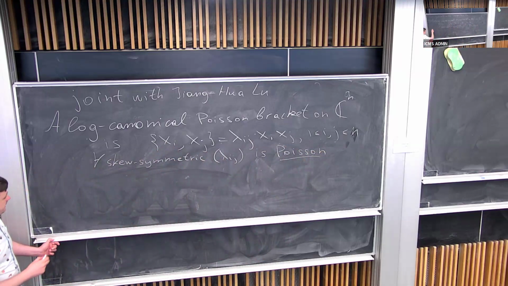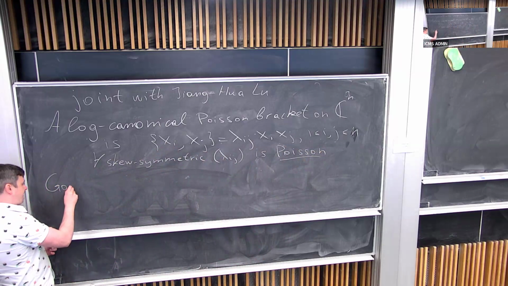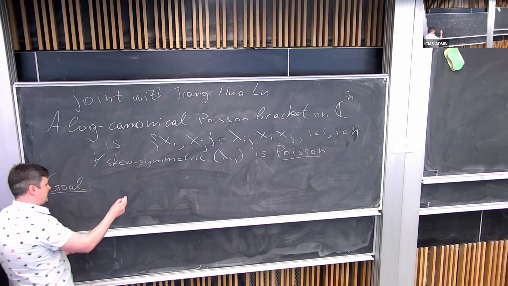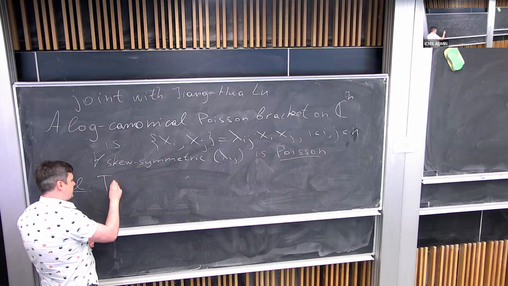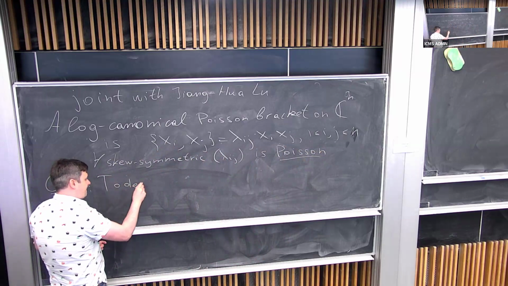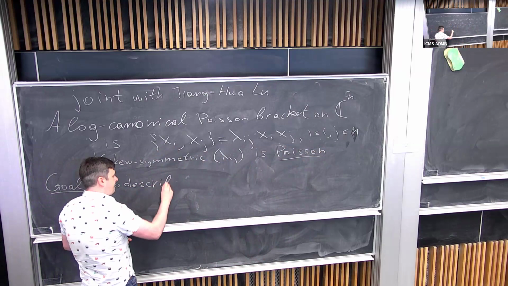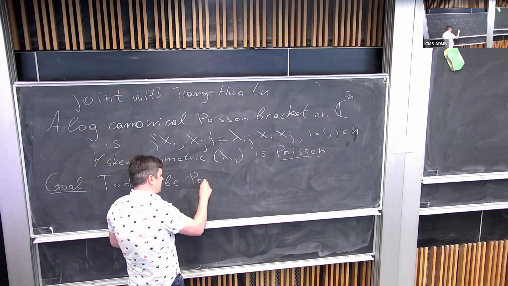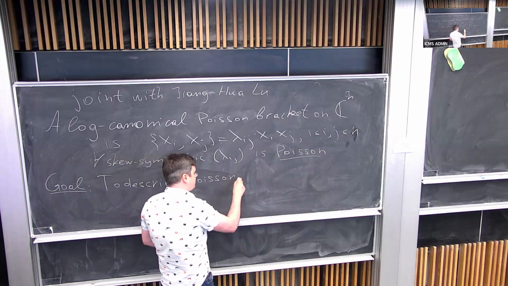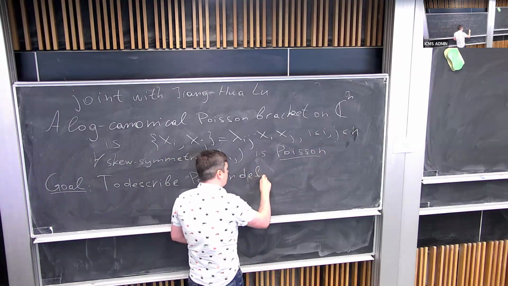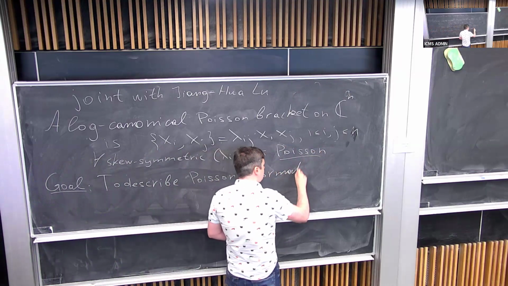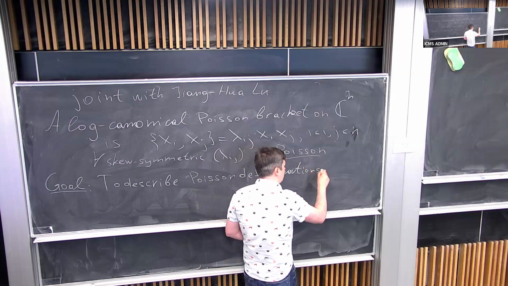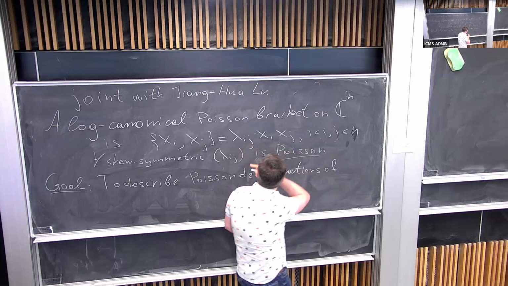And the idea to discuss today, the goal, is to describe Poisson deformations of a log-canonical bracket of this form.